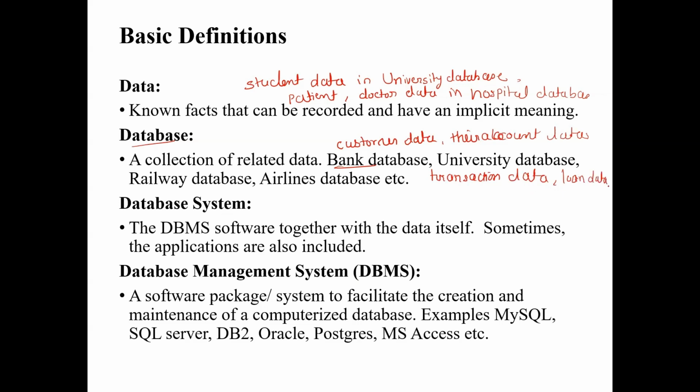Similarly, for a university database, we store the information about the students data, courses data, instructor data, attendance data, results data, etc. In the railway database, we store the railway related data like train data, then reservations, cancellations of the tickets, bookings of various trains.